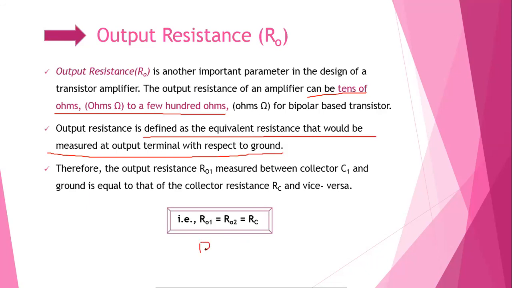So here we can write R0 is equal to RC. Even this is the same for all the 4 configurations, whether it is dual input or single input, balanced output or unbalanced output.